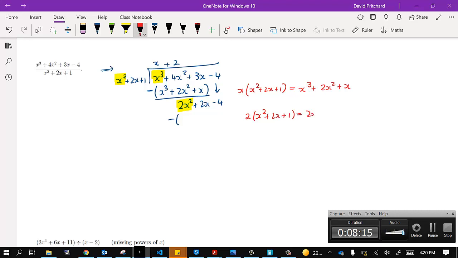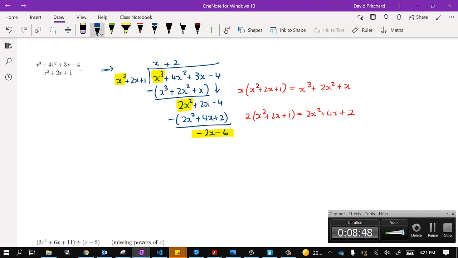And we get 2x squared, 4x, and 2. So we're subtracting 2x squared, 4x, and 2. So we're left with negative 2x, and negative 4 take 2 is negative 6. Now this will be a remainder because we can't divide a linear by a quadratic.